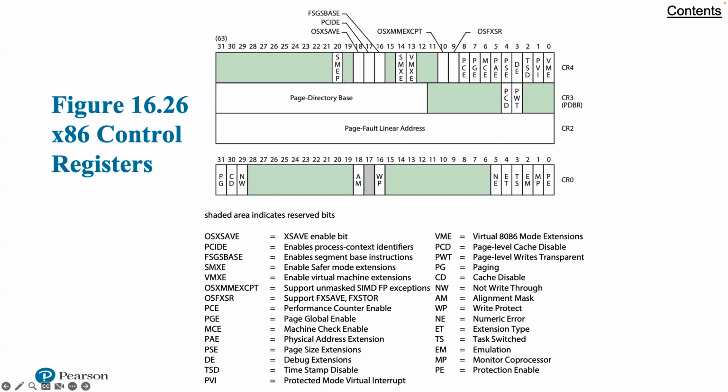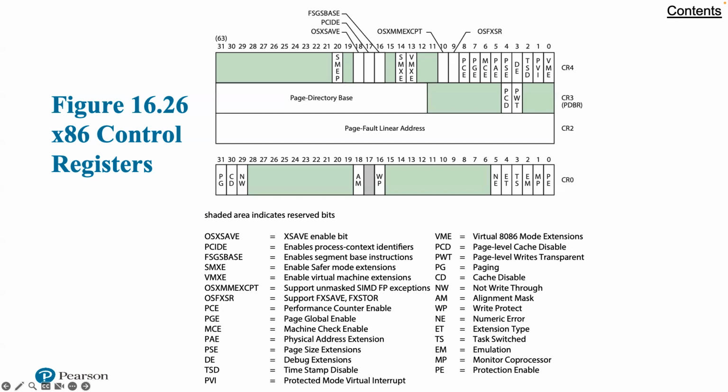It enables the standard mechanism for reporting floating point errors on external bus lines. We have the write protect, WP. When this bit is clear, read-only user-level pages can be written by a supervisor process. This feature is used for supporting process creation in some operating systems.